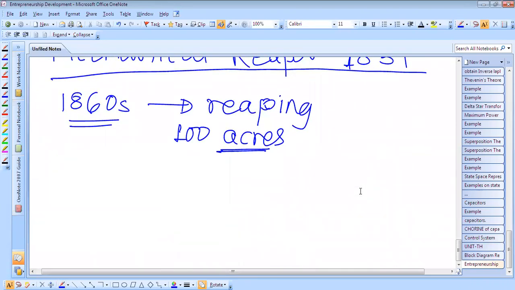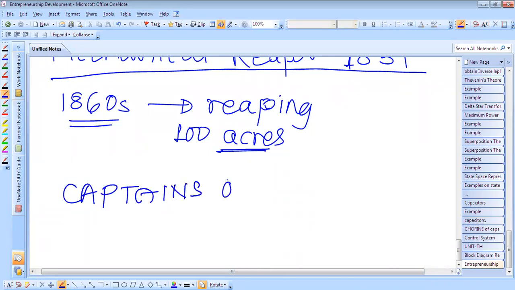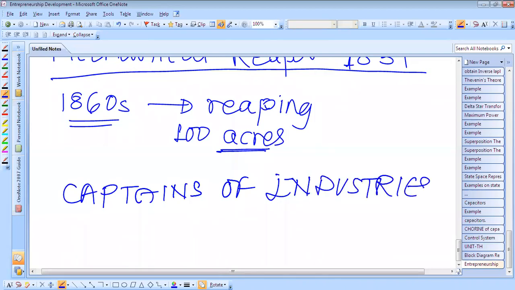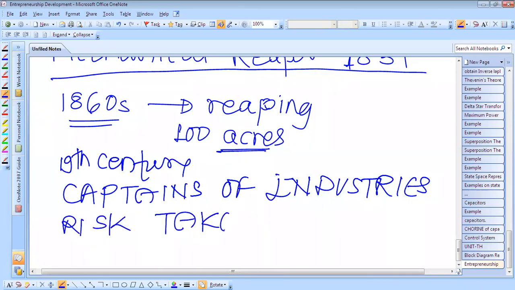Now, in the 19th century, entrepreneurs were the captains of industry. They were also the risk takers. Though they are in business, they are always risk takers.